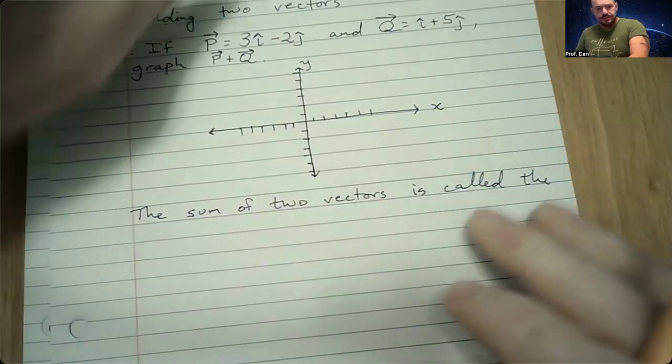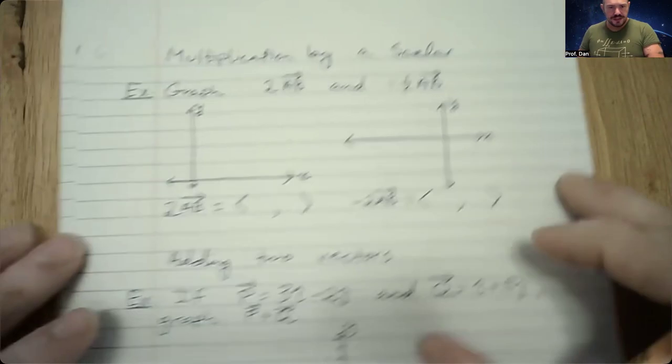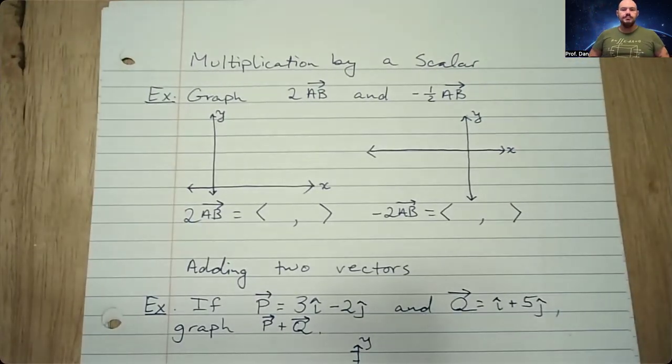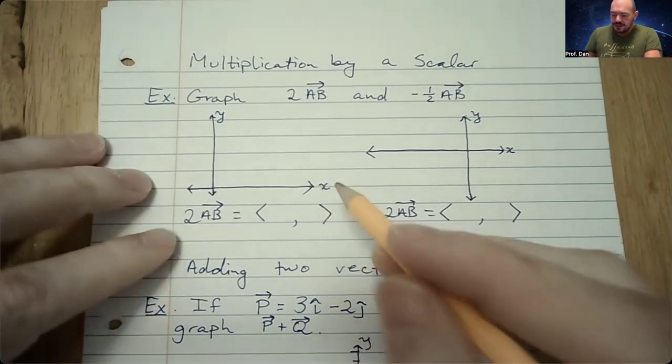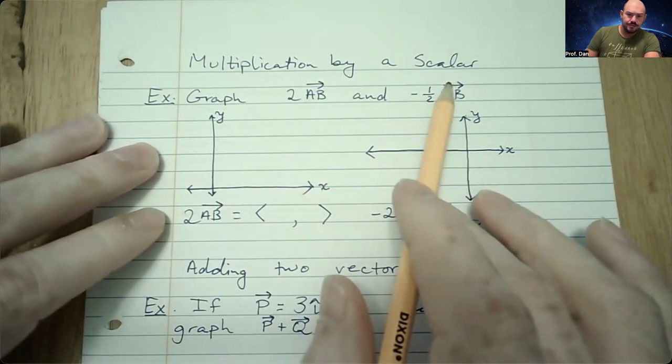Next little subtopic here, multiplying by a scalar. So vectors can be multiplied, added, subtracted, divided, and multiply is a very sticky word, as we'll learn in a couple videos from now. All right, but first one I want to focus on here is multiplying by a scalar.